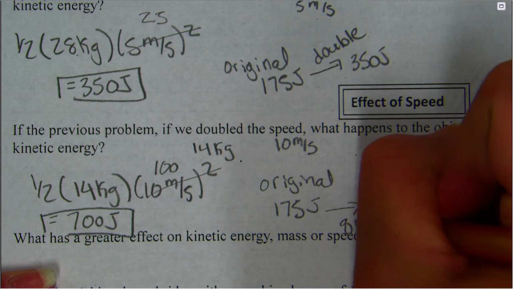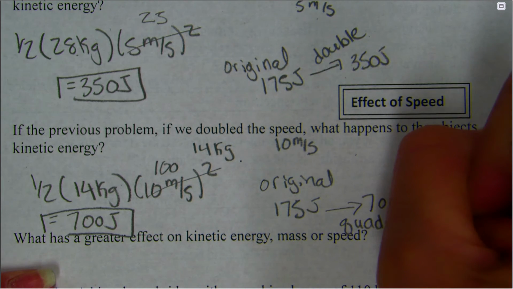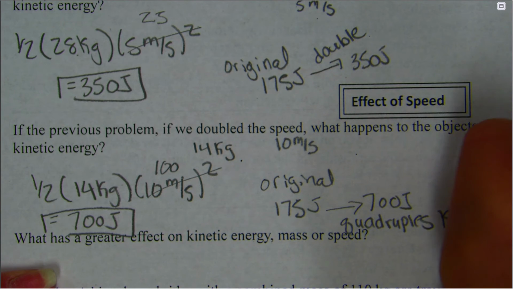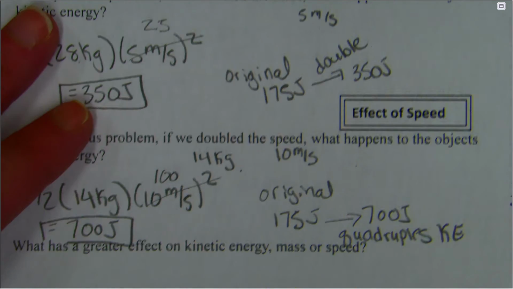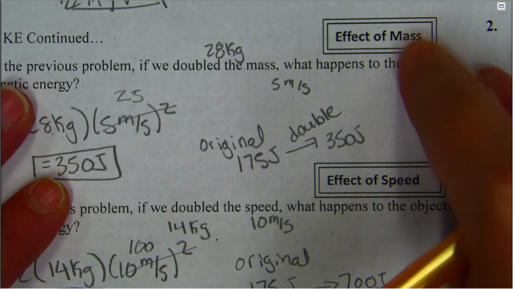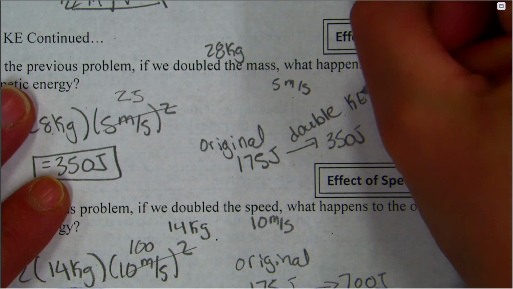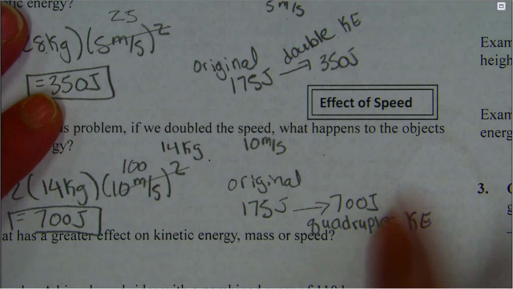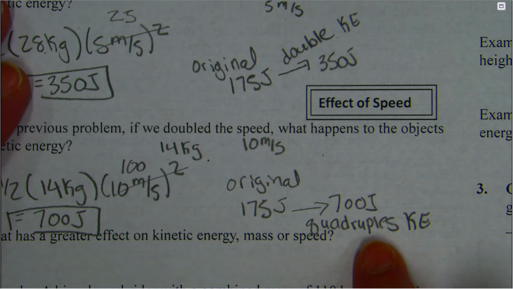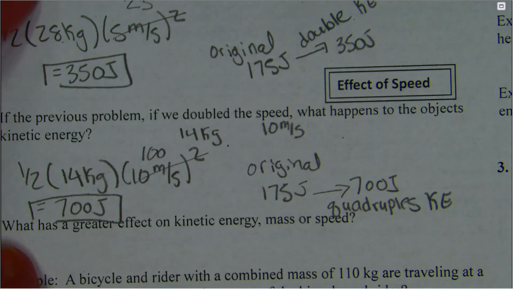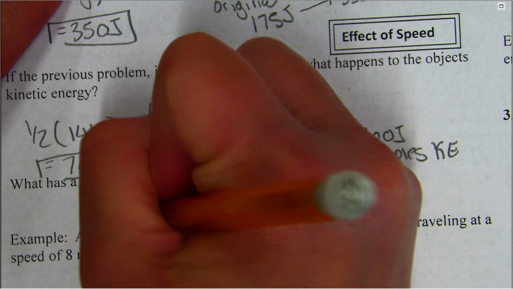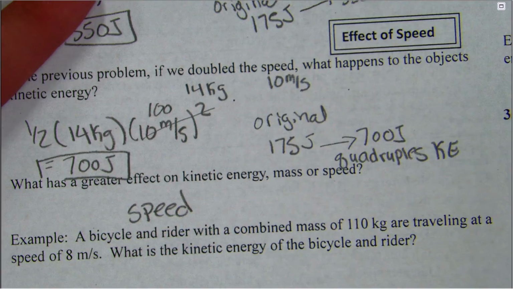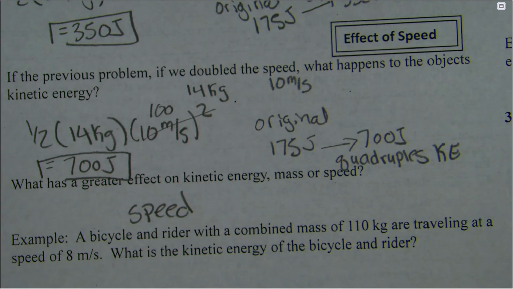I quadrupled the kinetic energy. So what has more effect on kinetic energy? The mass, which doubles kinetic energy, or the speed, which quadruples it? You definitely see here that speed has a much greater effect on the kinetic energy than the mass.